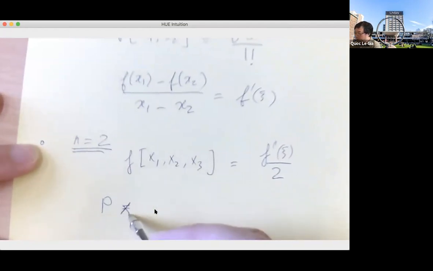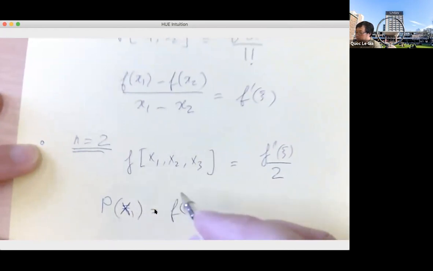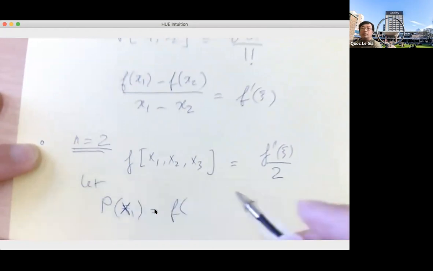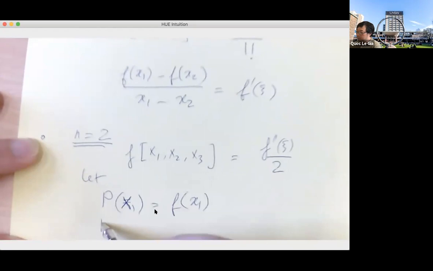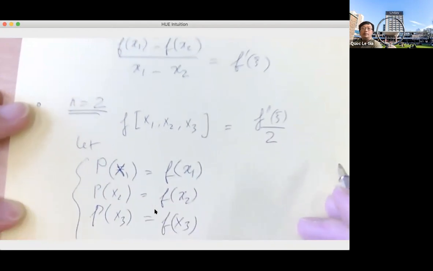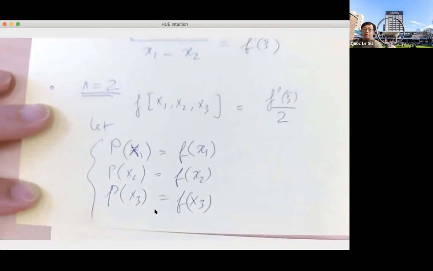So I want p(x1) equal f(x1), p(x2) equal f(x2), and p(x3) equal f(x3). I have only 3 points, so p is just a parabola, right? But then what is p in terms of the Newton form?